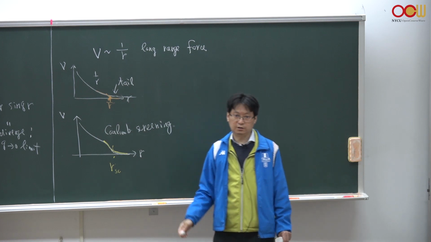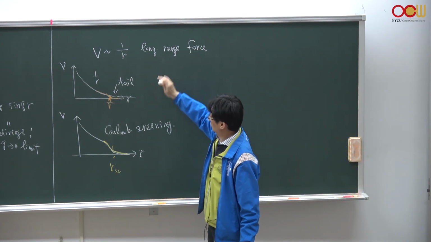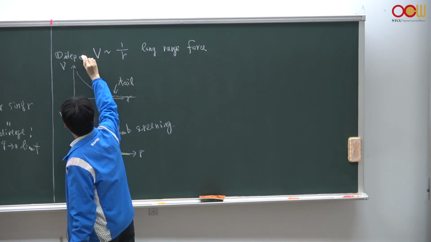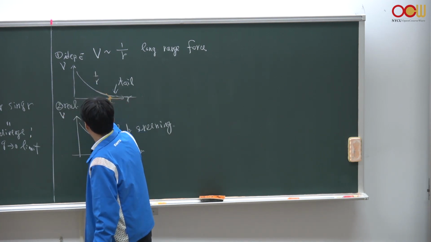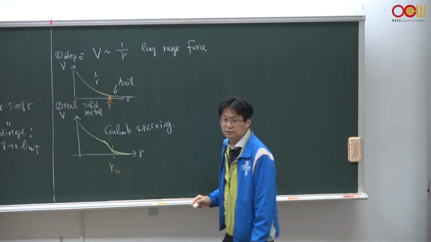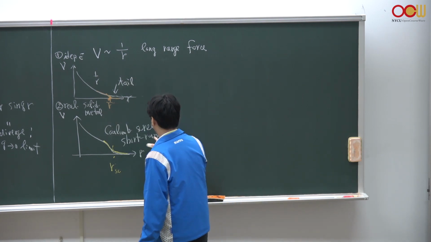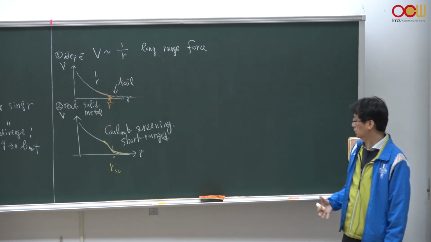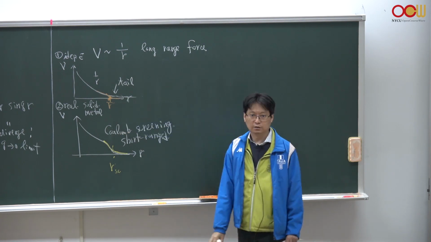So in realistic metals, Coulomb interactions are not a long-range force. Okay, so this is the independent electron model, but in a real solid or metal, the Coulomb interactions are cut short-ranged. It's called the Coulomb screening. So the Coulomb potential is no longer a long-range force in realistic materials.